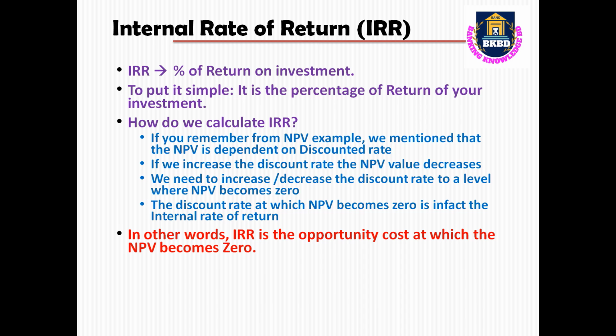And definitely it will provide you the percentage on investment, so how much percentage of benefit you will get from your prospective investment on a specific project. Okay, that's why IRR is very important among capital budgeting techniques for identifying the feasibility of a project.